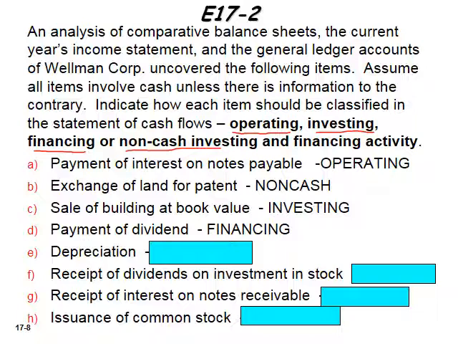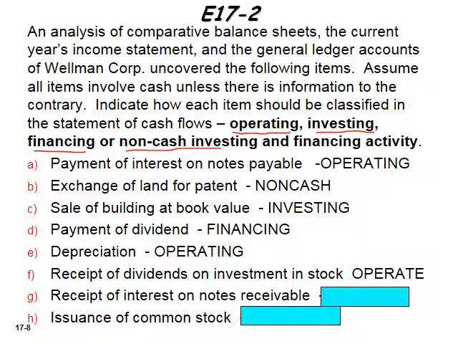Now, depreciation expense. We know that depreciation expense has no cash flow associated with it. So you would think it shouldn't show on a statement of cash flows. But if we're doing an indirect statement, it is a reconciling item in the operating section. So depreciation expense we're going to report as an operating activity item. Receipt of dividends on investment in stock, that's going to be an operating item. Receipt of interest on notes receivable will be an operating item.